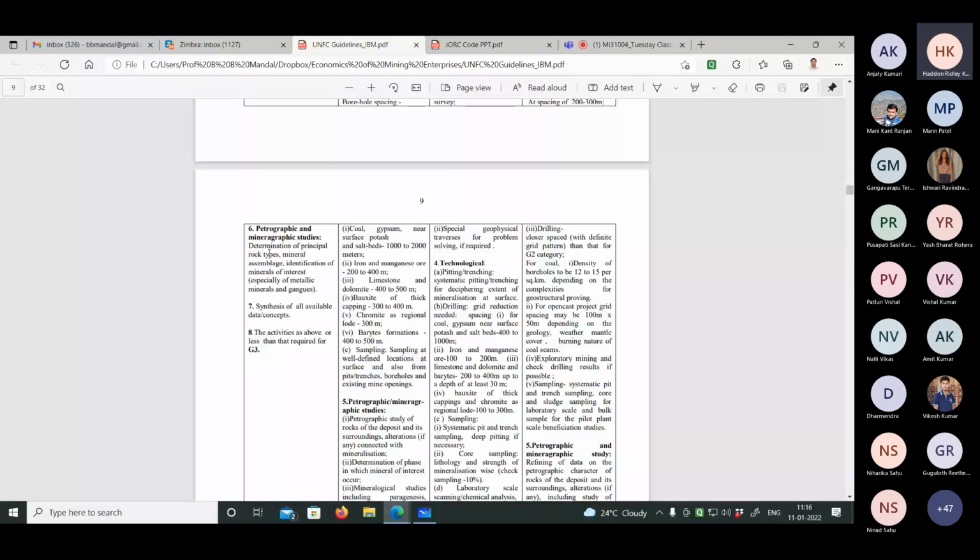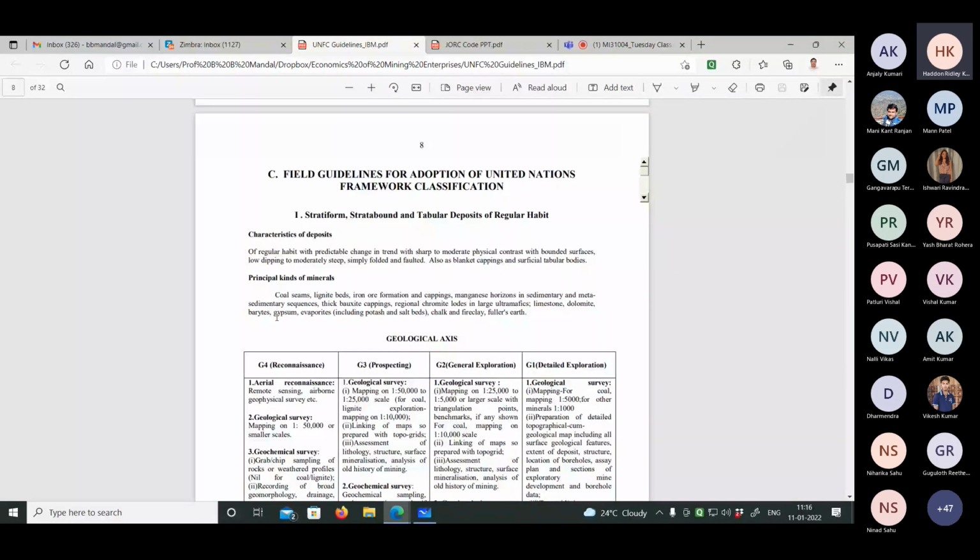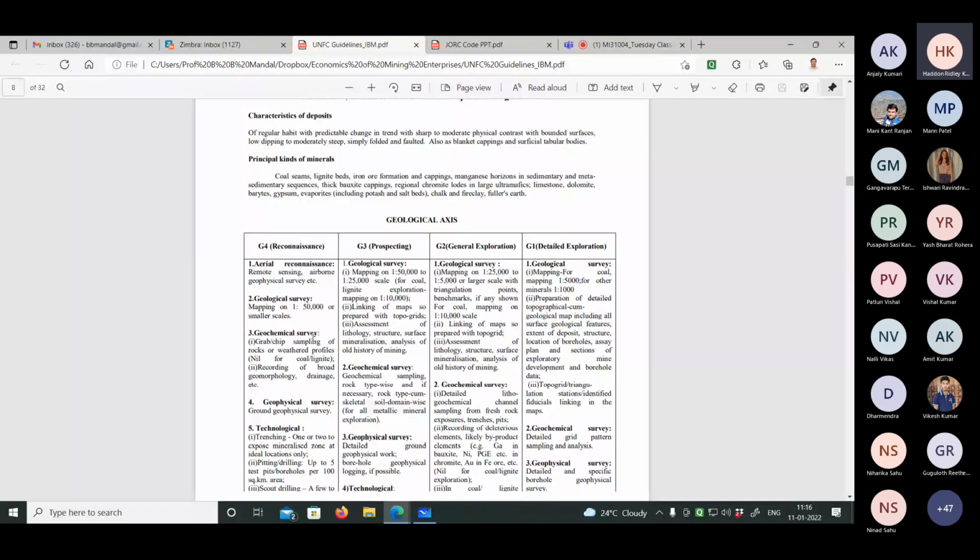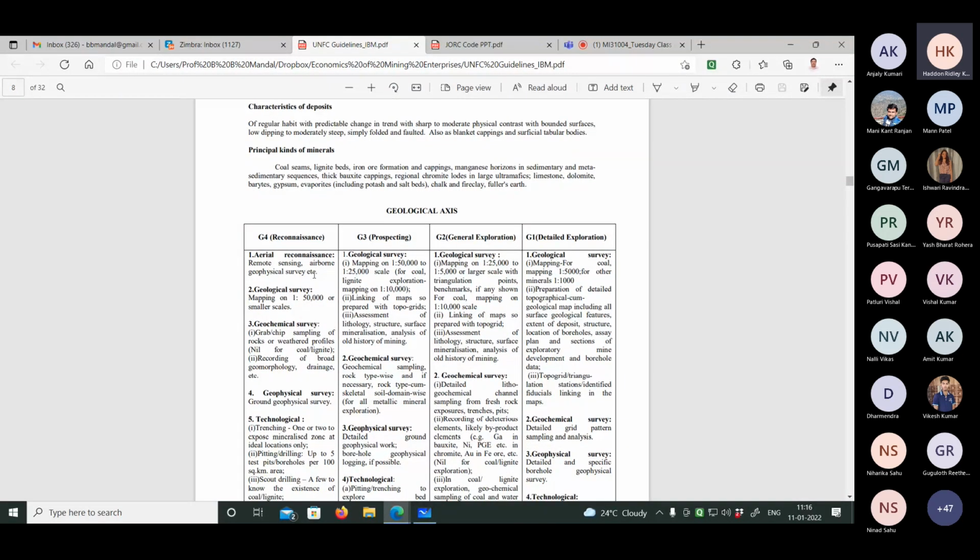What are the things? In reconnaissance, that means a preliminary conceptual evidence of mineral. By what means? Remote sensing, airborne geophysical survey, as I said, using drones, using helicopters. Then geological survey in what form? Now we are representing in 1:50,000 or smaller.